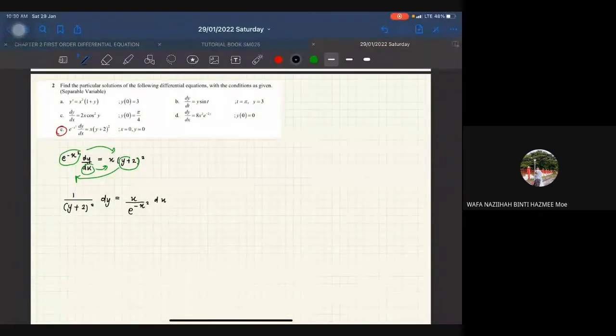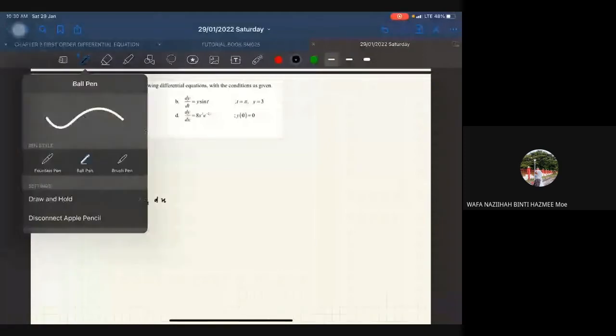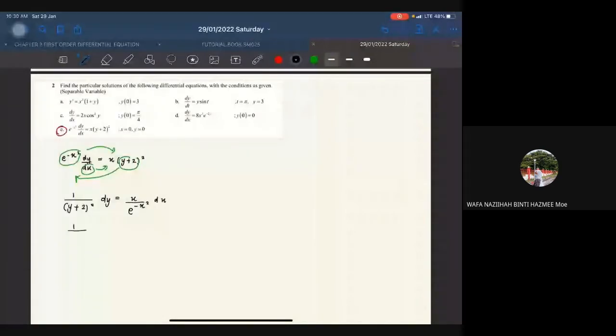Apa yang maksud saya by simplify is this one over here, dia duduk dekat denominator and then dia ada negative. So, kita boleh hilangkan negative tu by bring it to up. Okay, so kita akan dapat dekat sini 1 over y plus 2 square dy is equal to x e power of x square dx. Okay, so now we put integral sign.